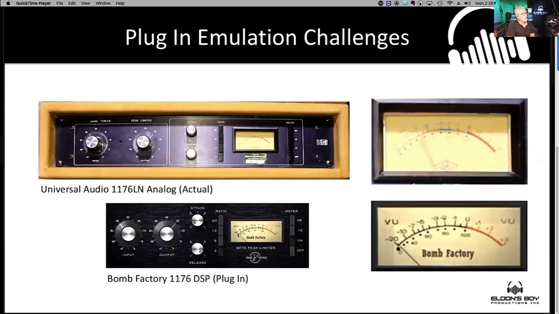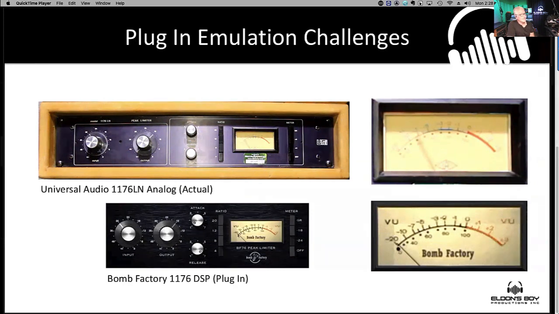So if you didn't know it was working like this, and you just pulled up that digital emulation of the 1176 and tried to do this, all of a sudden you'd think, wait a minute, why is my gain so off going into this unit? It's not looking the same, but you have to realize it's a dBFS unit.